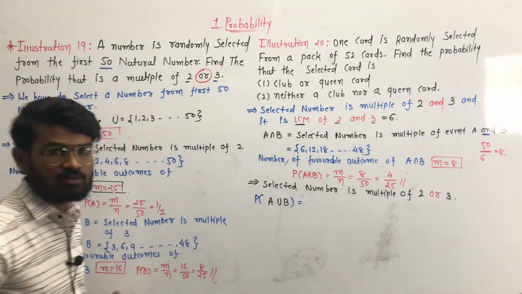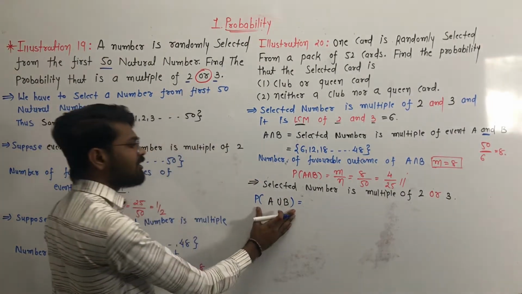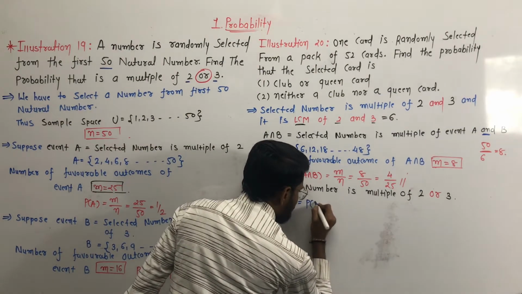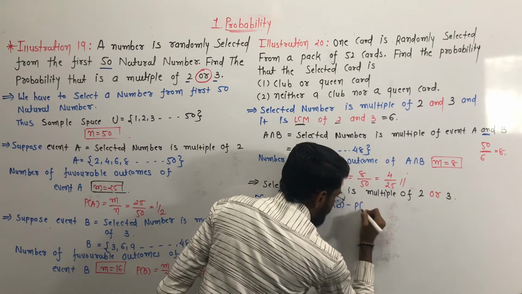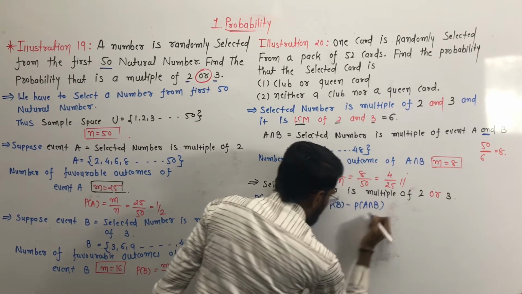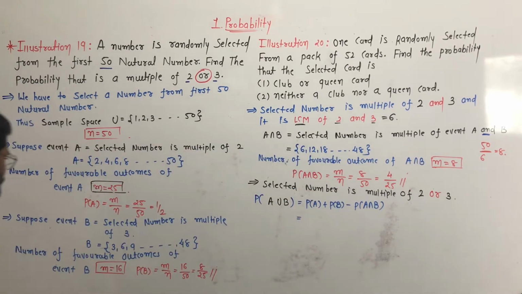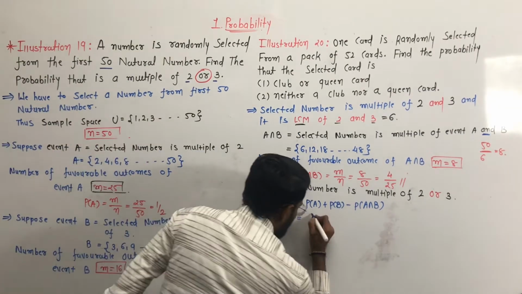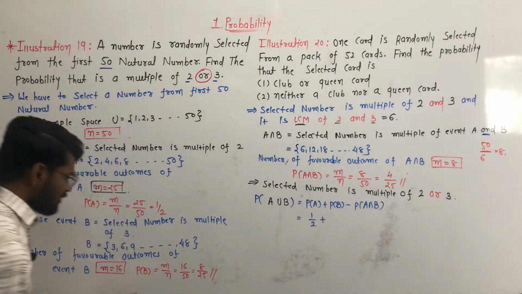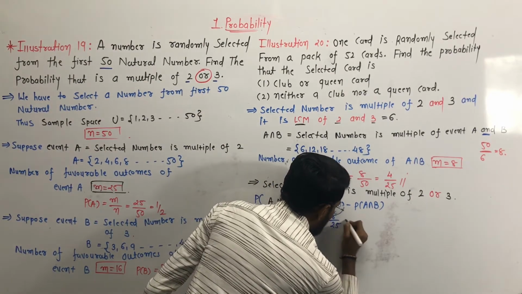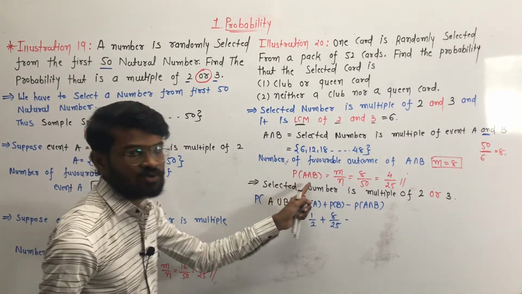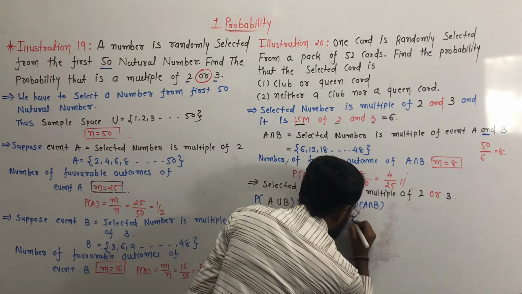of the addition of the probability, probability of A union B is equal to P of A plus P of B minus P of A intersection B. Okay, what is the probability of event A? Probability of the event A is equal to 1 by 2. Yes, then the probability of the event B is equal to 8 by 25. Yes, minus probability of the intersection of event A and B is equal to 4 by 25.